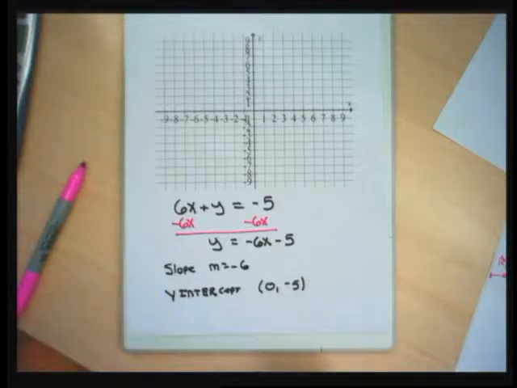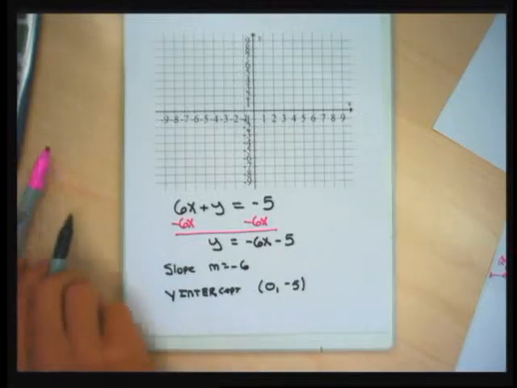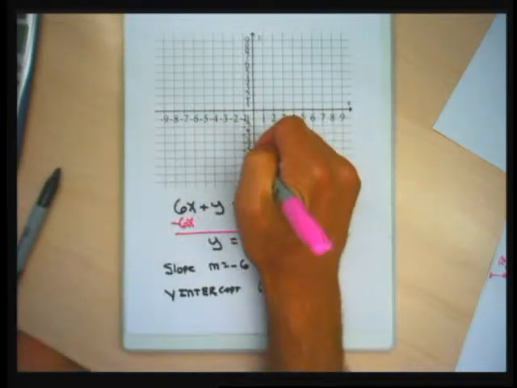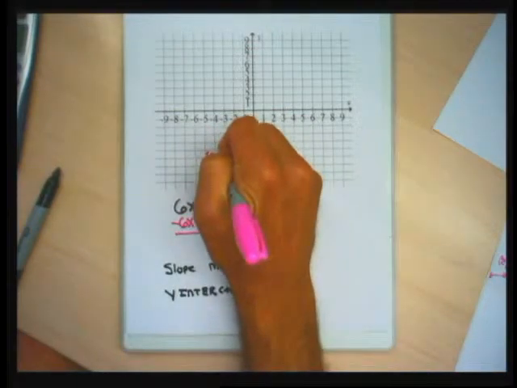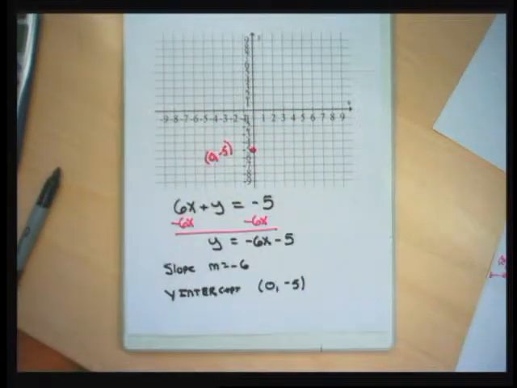This is going to be tough for me to graph. I'm going to unfortunately run out of room on my graph real quickly. If I wanted to graph this, the y-intercept's not hard for me to plot. It's the point 0, -5. The slope, I only see one number, so I'm not exactly sure what to do in terms of up or down and left or right.